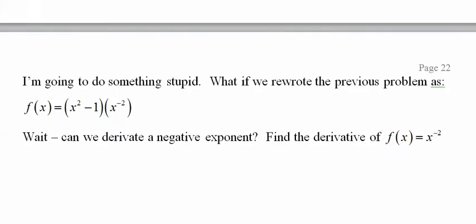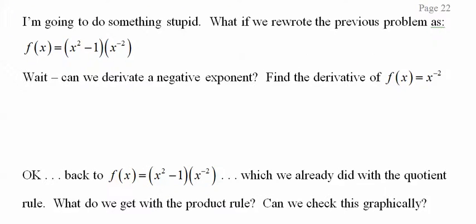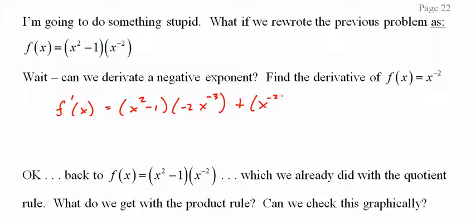I rewrote it so that it's a negative exponent, and now we just go back to the product rule. You just leave the first one alone, take the derivative of the second one, negative 2x to the what? Subtract 1, negative third. Weird. Plus x to the negative second, 2x.